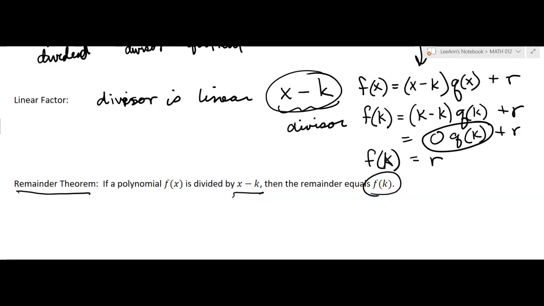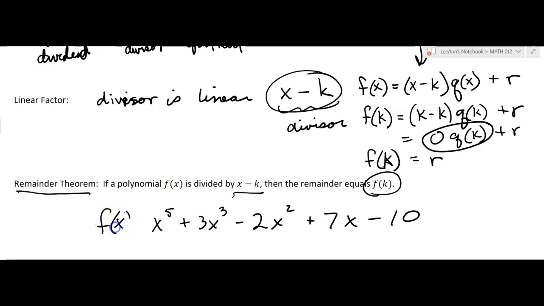So let's say you have some big polynomial, I don't know, x to the 5th plus 3x cubed minus 2x squared plus 7x minus 10. Let's say this is f of x, and say you want to evaluate it at f of, I don't know, -2.